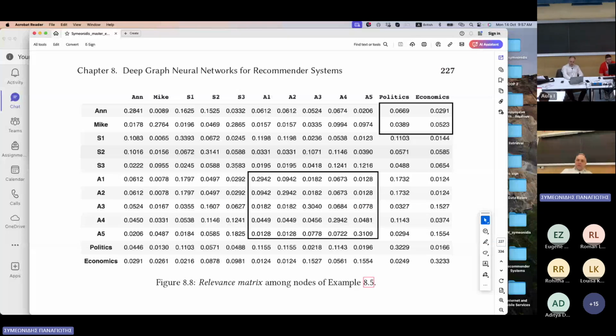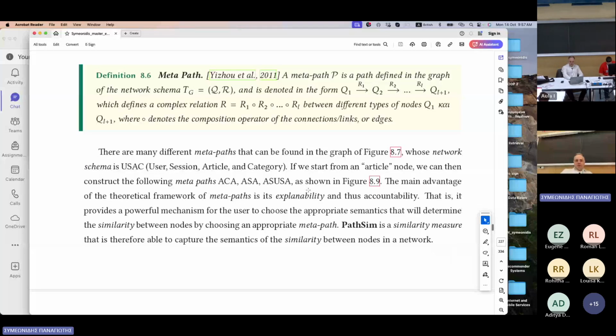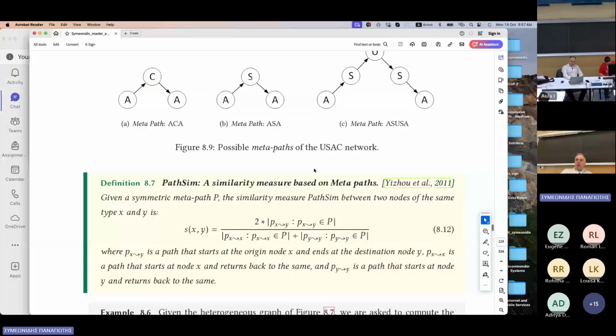So here, in this submatrix, we can see the similarities between articles with articles. And yeah, we can also have algorithms like PathSim, which runs on metapaths. We will see later some state-of-the-art algorithms on this category.